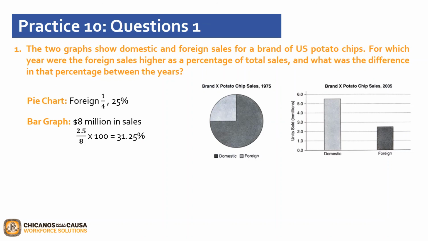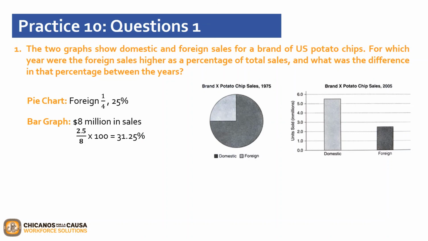You could get the percentage by dividing 2.5 by 8 as we've done before, but that's going to take a little bit longer and some extra steps, given that 2.5 is a smaller number than 8. So you're going to have to move decimals around, then turn it into a percentage. It's too much. So we're just going to go ahead and take the easy way out. So if we take 2.5 over 8 times 100, we get a total of 31.25%.